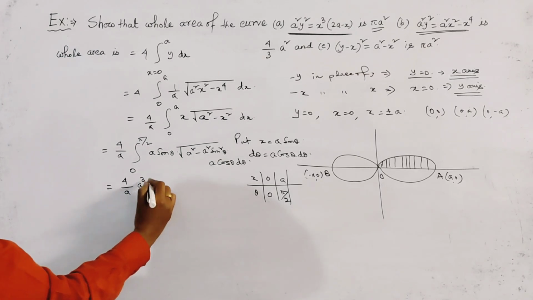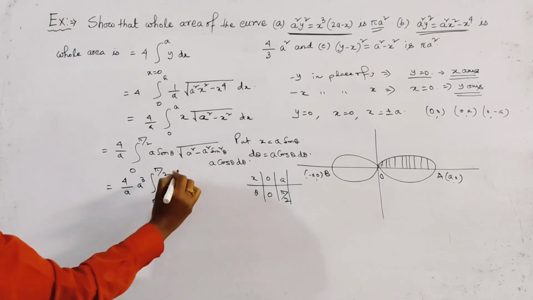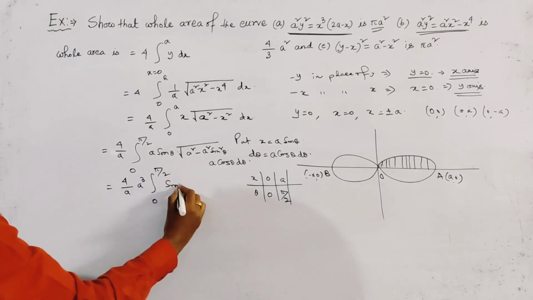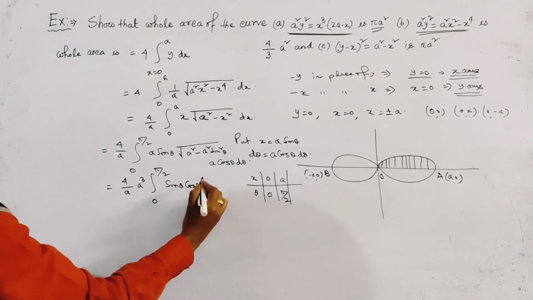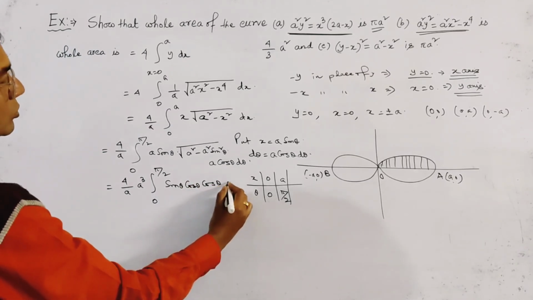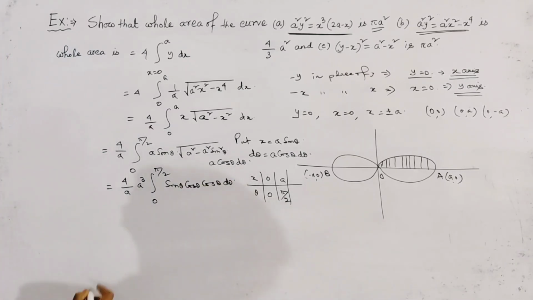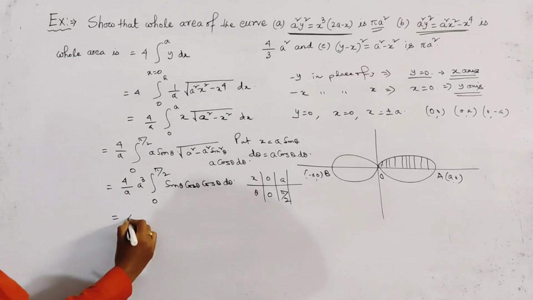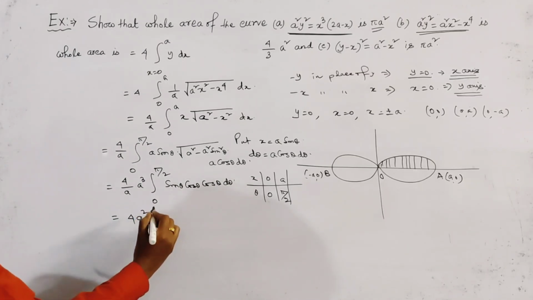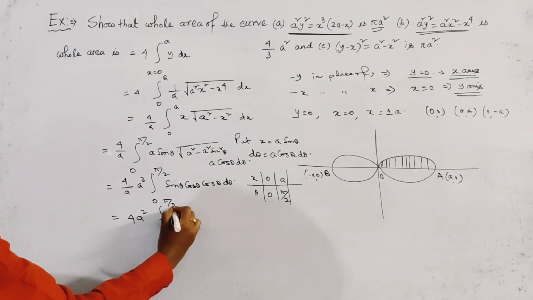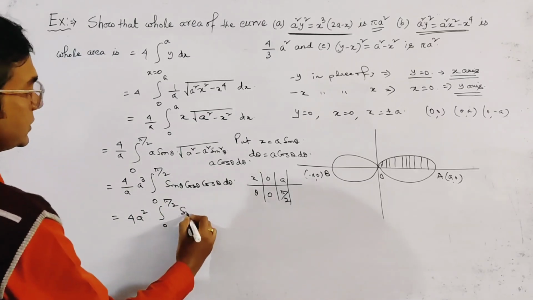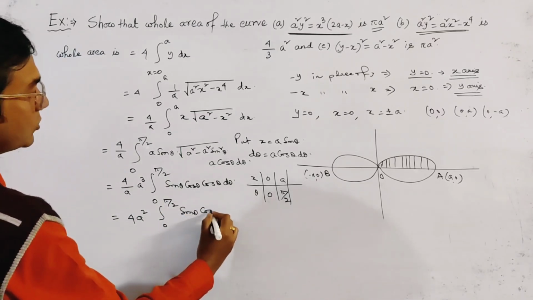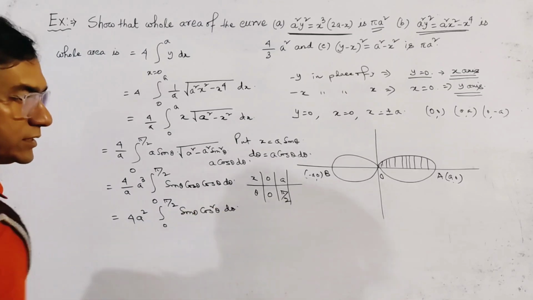So taking common a cube, 0 to pi by 2, this is sin theta, this is cos theta, and this is also cos theta d theta. Okay, and this is given by 4 a square into 0 to pi by 2 of sin theta into cos square theta d theta.